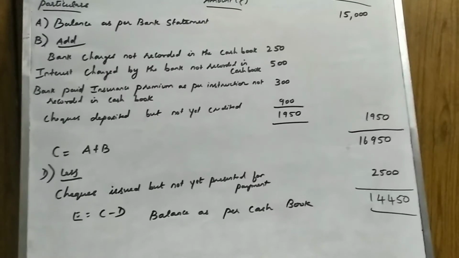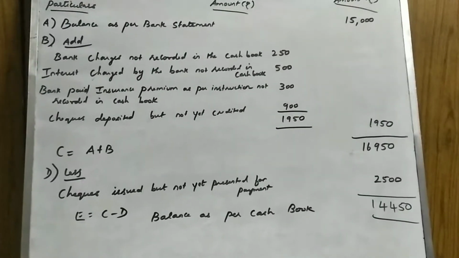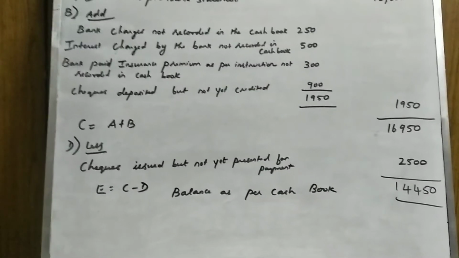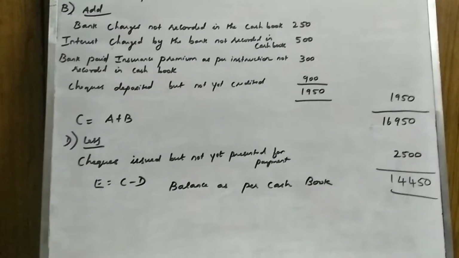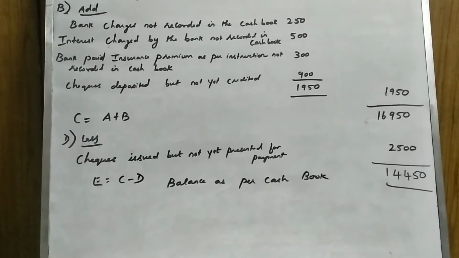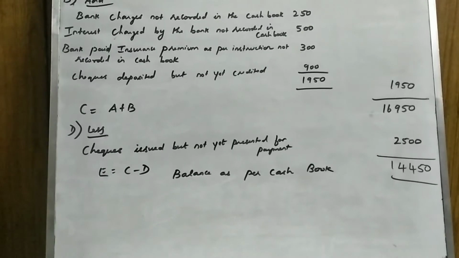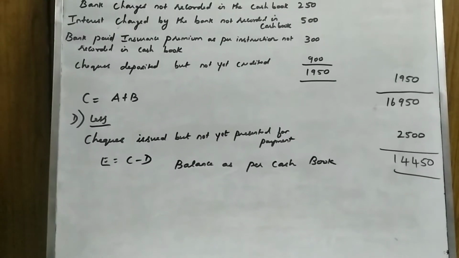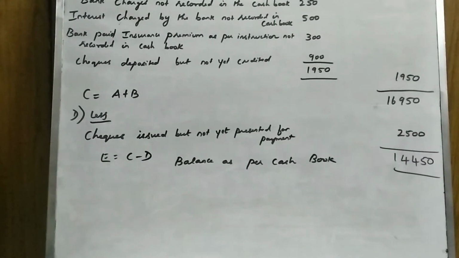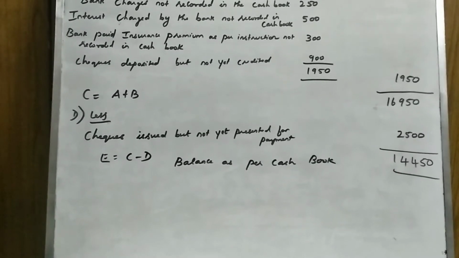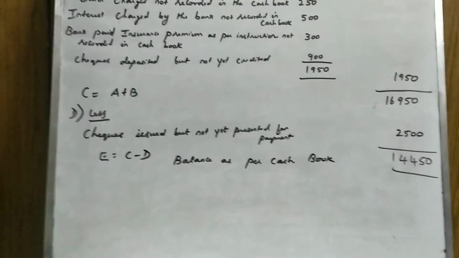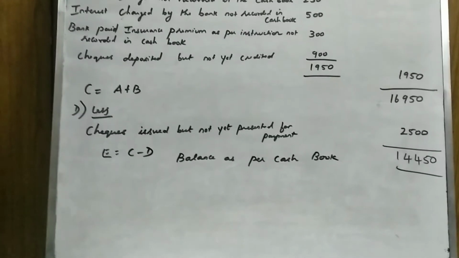D, items which need to be deducted will come under D. So you have checks issued but not yet presented for payment. When we issue check, we normally deduct that from our cash book. Here, we have already deducted that from our cash book, so our cash book balance is less. But the check is not presented for payment. Bank balance remains the same. Bank balance is more, but cash balance is less.